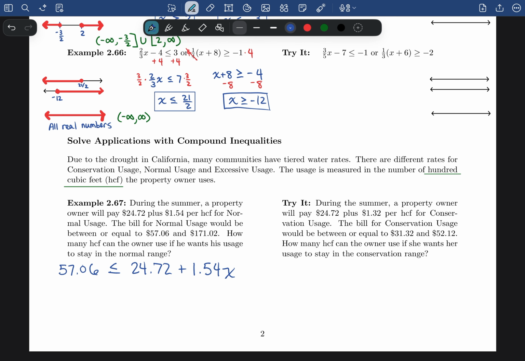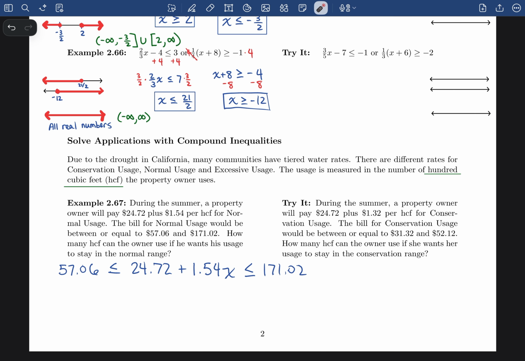And now I'm going to set that less than or equal to my upper bound of $171.02. Okay, so I've created a double inequality. They gave me a lower bound, they gave me an upper bound, and my rate, what I have to pay, this plus this times the HCFs is what goes in between them.